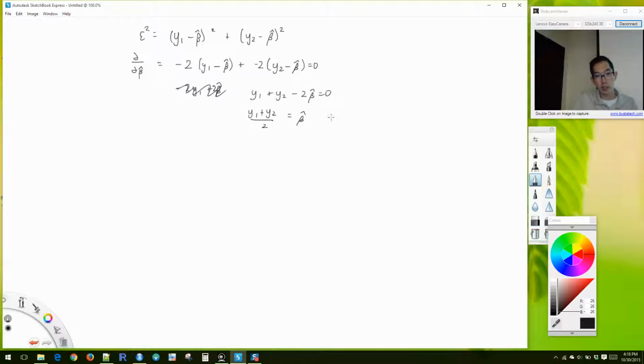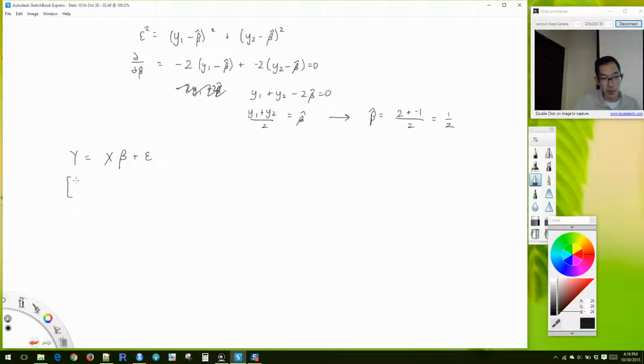Okay, and this is exactly what we were expecting, right? So this tells us that the beta hat should be equal to 2 plus a negative 1 over 2. So we get 1/2. Okay, and so this is the scalar that we would use. So we would have y equal to x beta plus error.